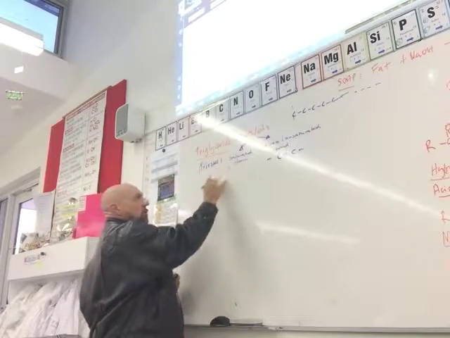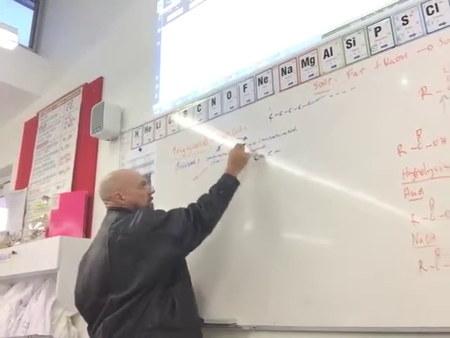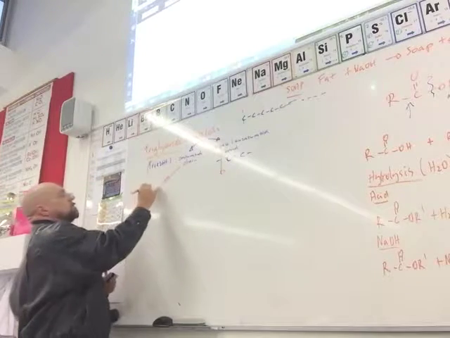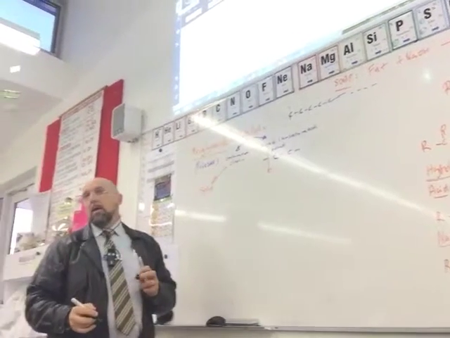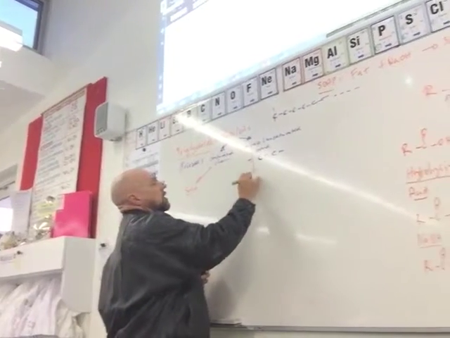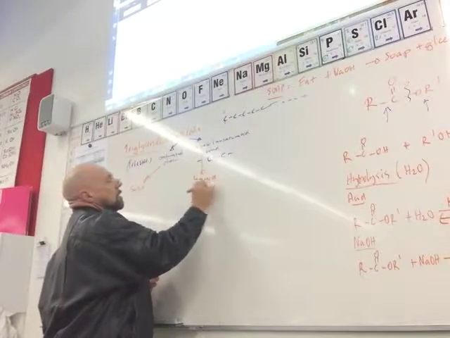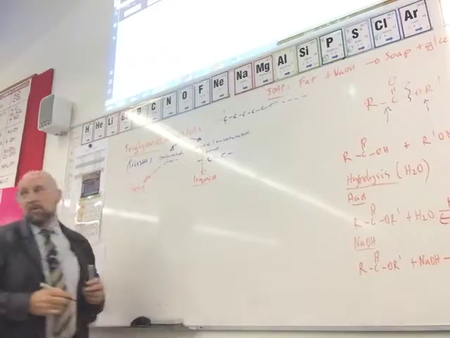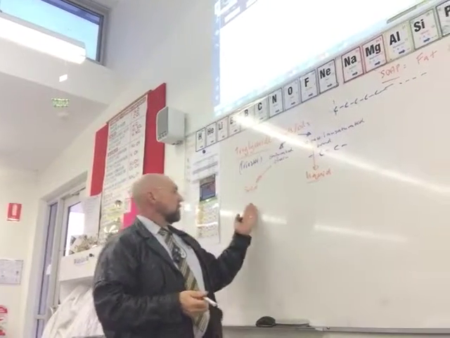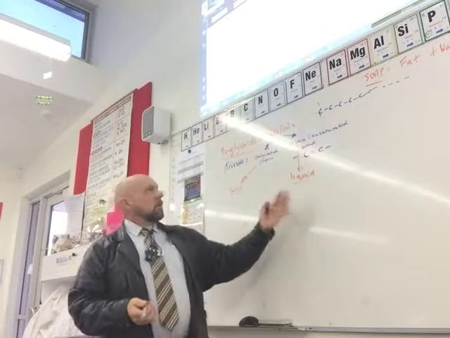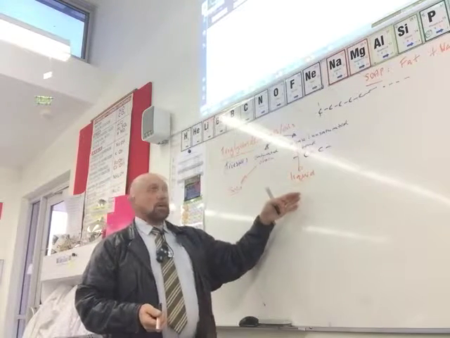Hopefully you can recall from what we talked about before that fats typically are found in a solid form, and oils typically are found in a liquid form, although very viscous, depending on the carbon chain length. And the question was, why are fats solid and why are oils liquid?